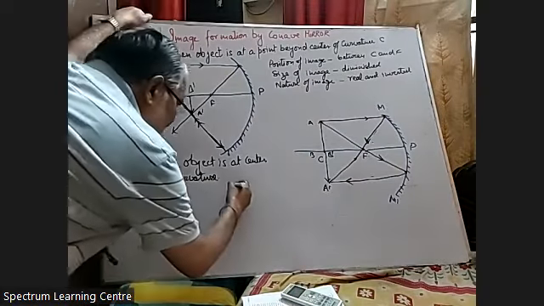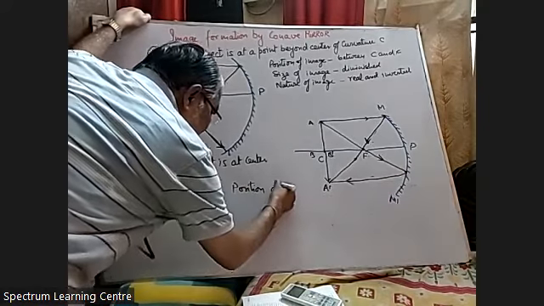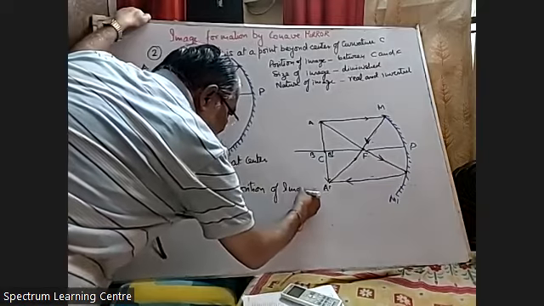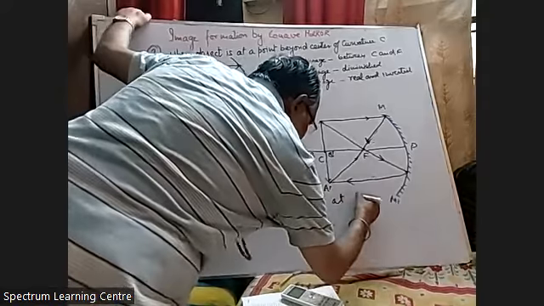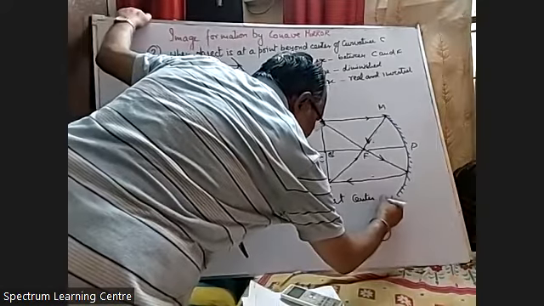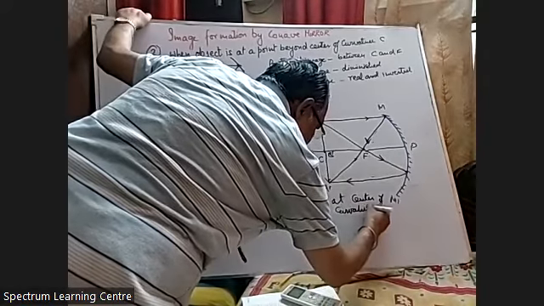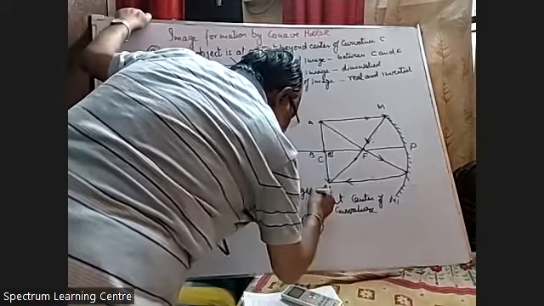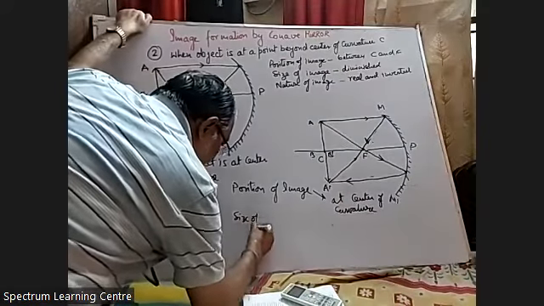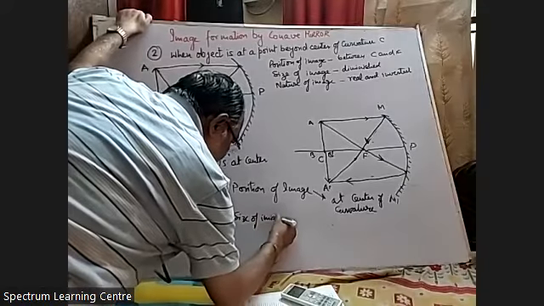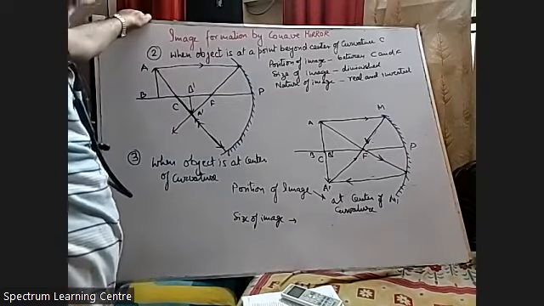So position of image: at center of curvature. Size of image is, now see, it has started increasing.